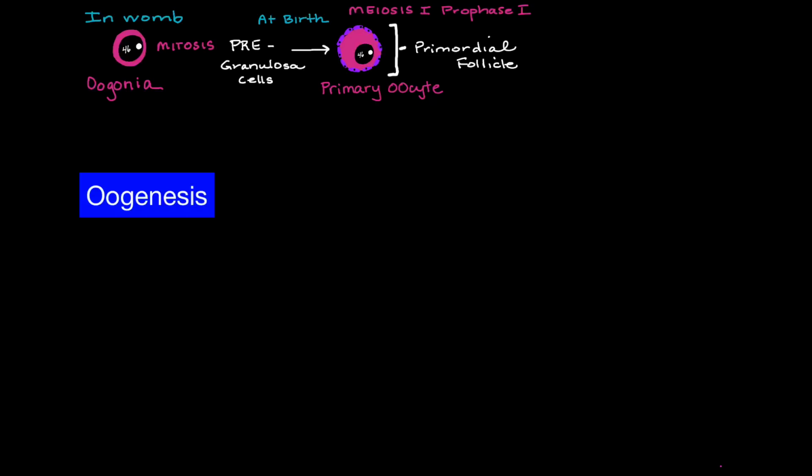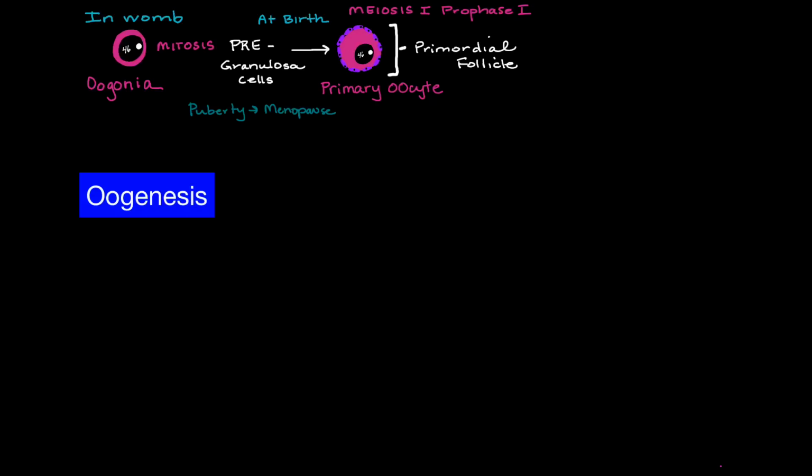We call these primordial follicles. And this is all happening, remember, on the outer edge of the ovary, the cortex. So at this point, all of these primordial follicles hang out, arrested, quietly until puberty.